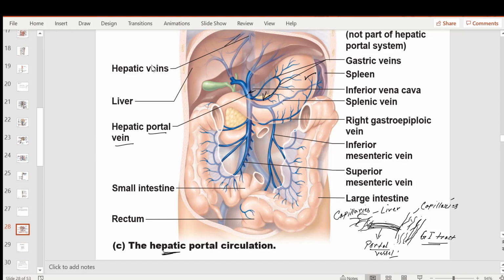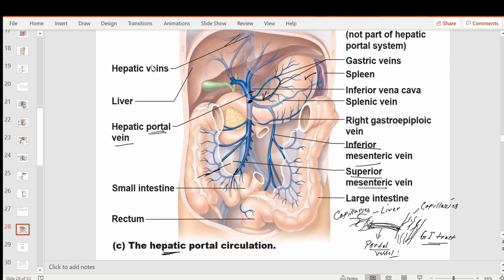From the intestine, you already know the mesenteric, remember that. So you see superior mesenteric from this part of the intestine, inferior mesenteric. So two mesenteric veins bring the blood into the hepatic portal vein from the intestine, and from the stomach, the gastric vein.